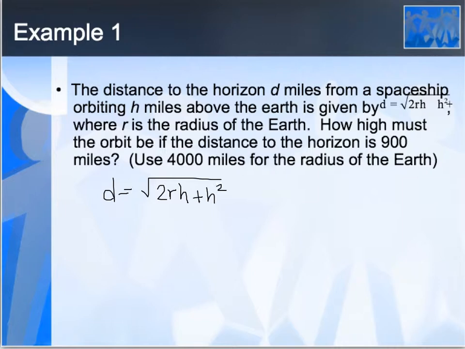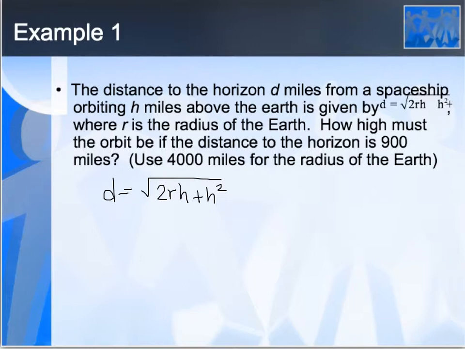Okay? R is the radius of the Earth. D is the distance to the horizon from a spaceship, and h is the distance above the Earth that spaceship is orbiting.